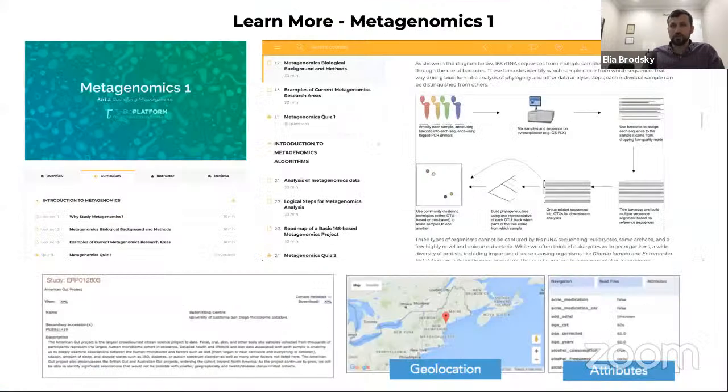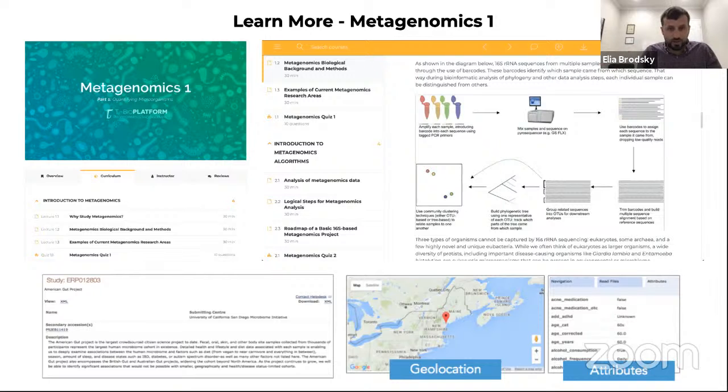We also ask you, if you're already done with Introduction to Bioinformatics, to complete a course on metagenomics. This will give you some insights into what types of data could be extracted from sequencing data. We have a course called Introduction to Metagenomics, which again is free, or Metagenomics 1 if you're a part of the program.